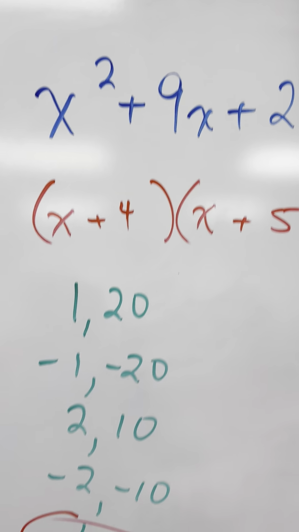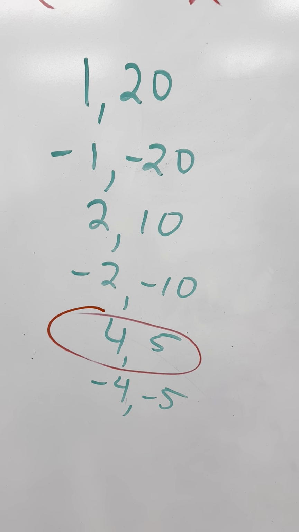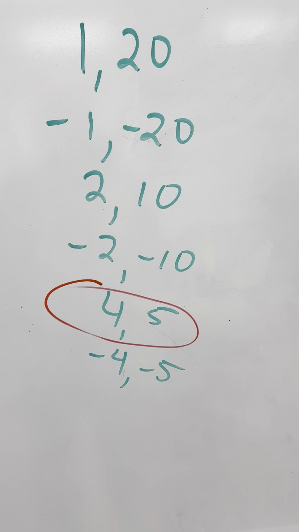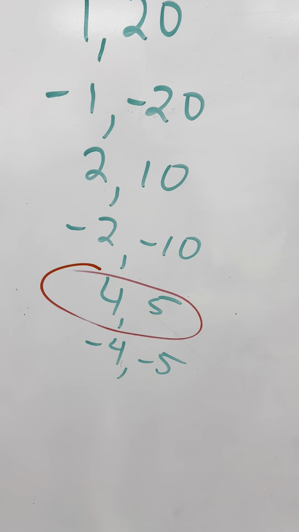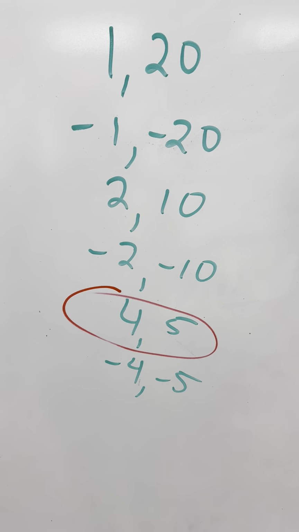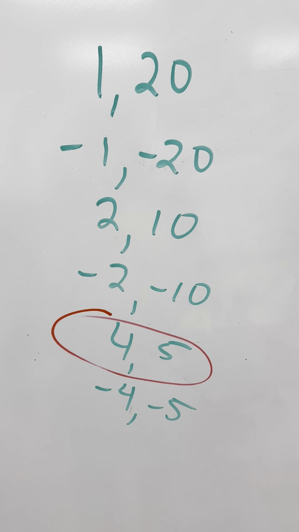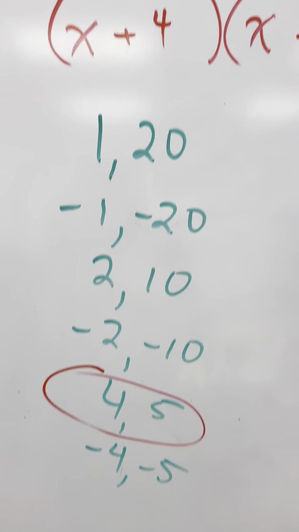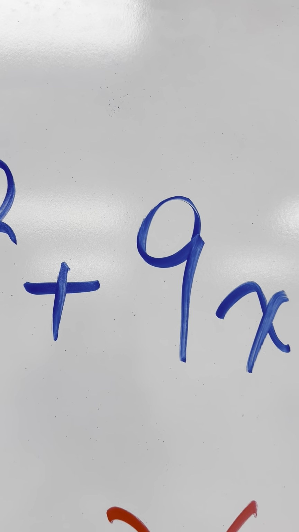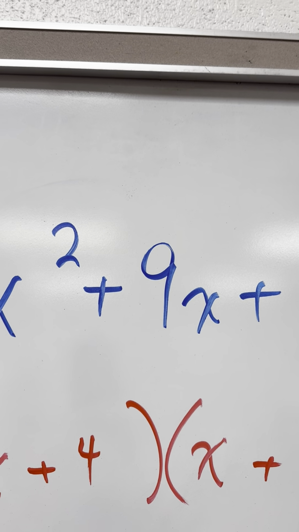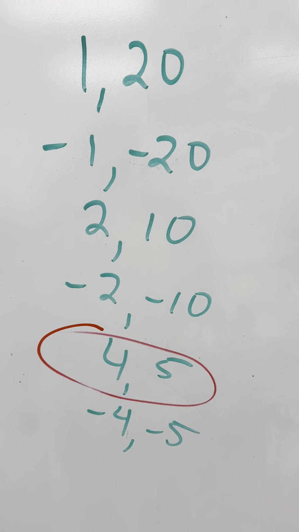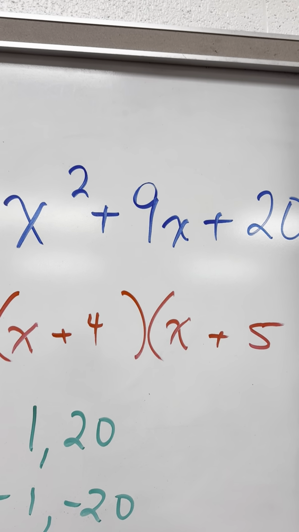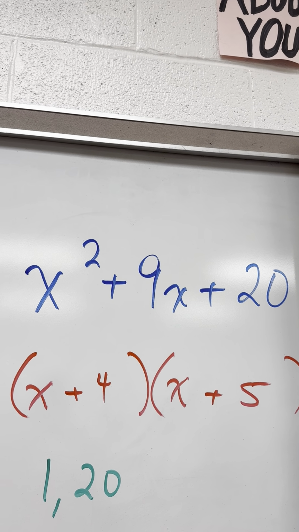Well, 1 times 20, negative 1 times negative 20, 2 times 10, negative 2 times negative 10, 4 times 5, negative 4 times negative 5. All of these combinations multiply to make positive 20, but only one of them adds to make a positive 9. Which one is that? 4 and 5. So my answer is x plus 4, x plus 5.